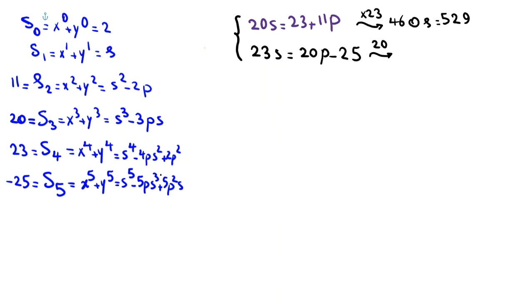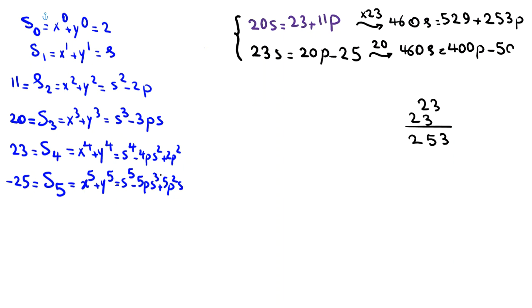Memorize 1 squared to 31 squared. It's useful in many problems. 23 times 11, you can write 23, 23, it will be 253. It will be 253p. And here, if you multiply by 20, it will be 460s equals 400p minus 500.